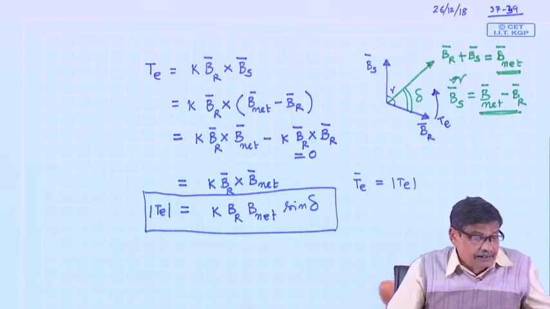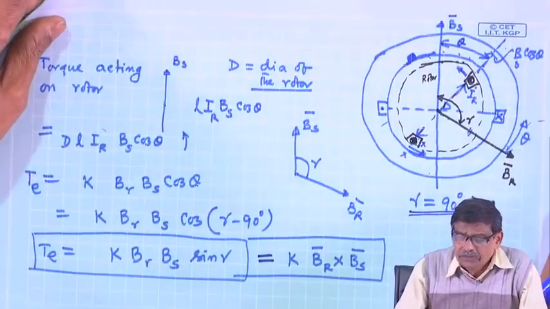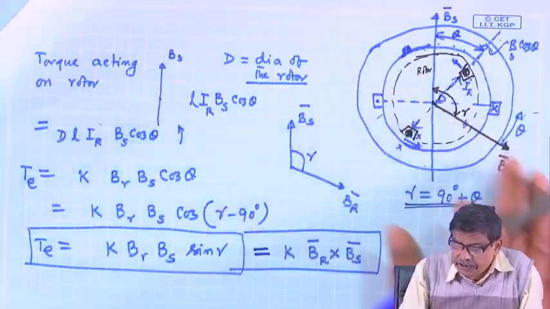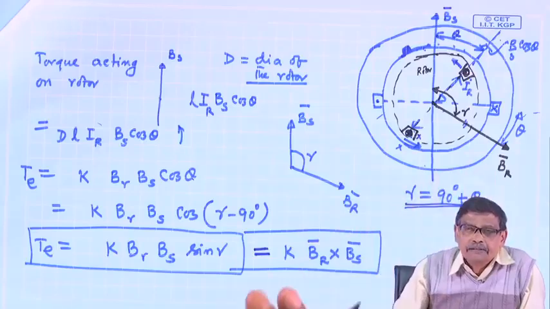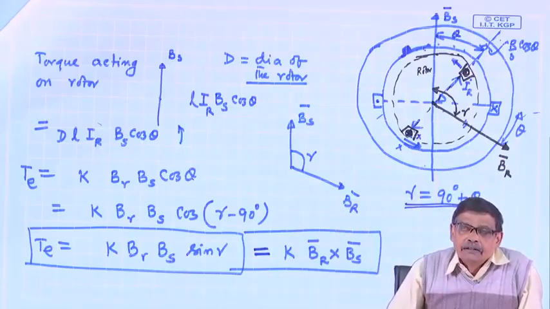So, this is a result which may look like a very unique problem we are dealing with, that is there is a DC current, there is B r, there is B s, B net, but it can be generalized. Why not?